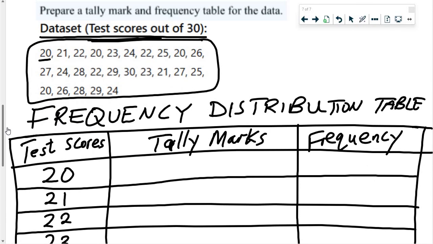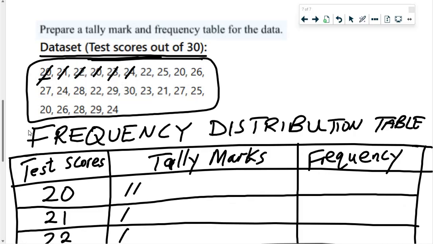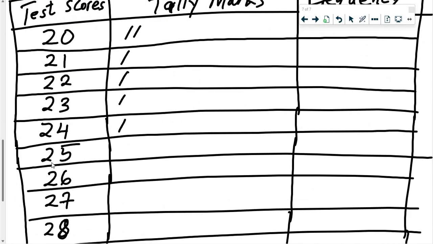The first number you cross out, that is 20, and you record here, 20. 21, record here. 22, record here. 20, you record here. 23, you record here. 24, record it here.